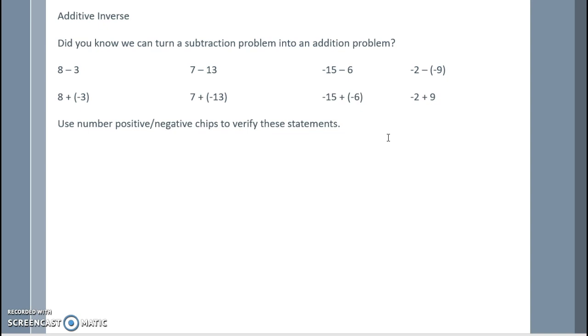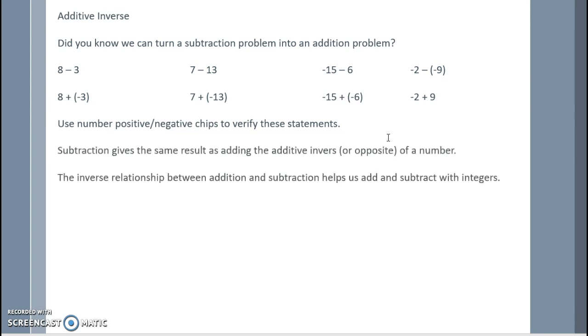So pause the video, play around with your chips a little bit to see if these are true. Subtraction gives the same result as adding the additive inverse, or opposite of a number. The inverse relationships between addition and subtraction help us to add and subtract with integers.